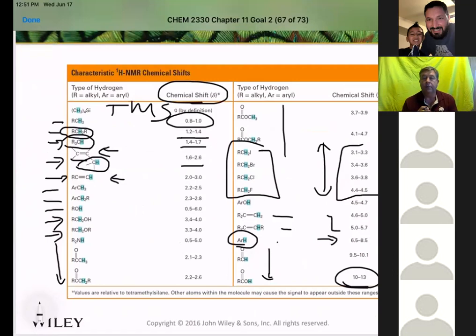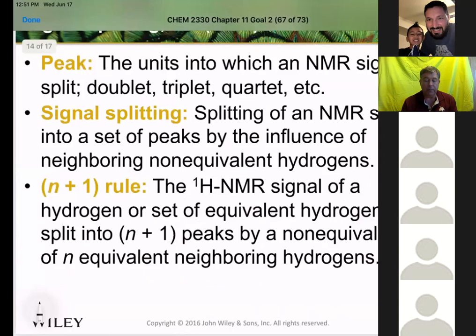Now we have to do splitting. Splitting, I think, is a little more complicated than equivalent hydrogens, so the number of peaks. However, it follows a really simple rule, okay? And the simple rule is called the n+1 rule, okay? So what that means is n is the number of equivalent hydrogens next to the peak you have, the atom you're looking at.